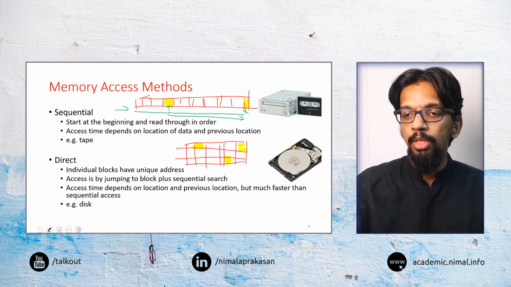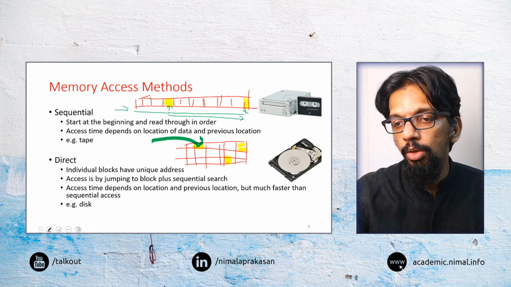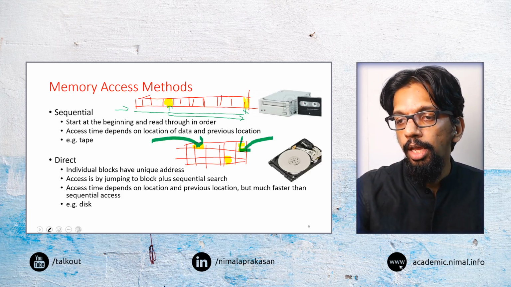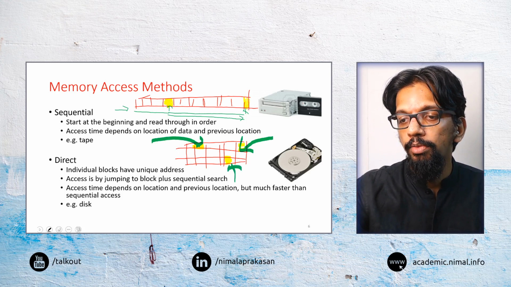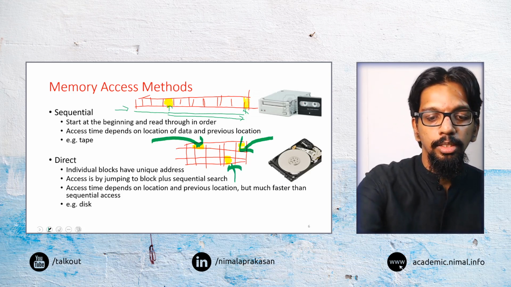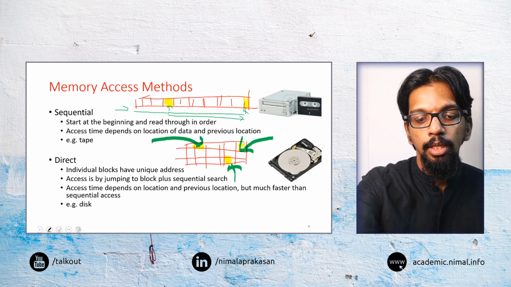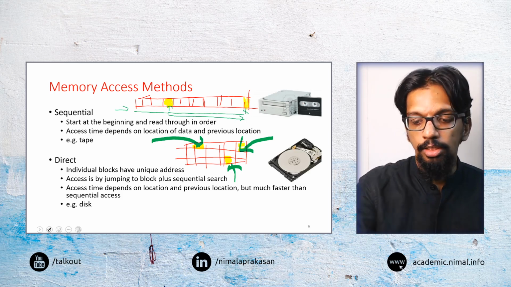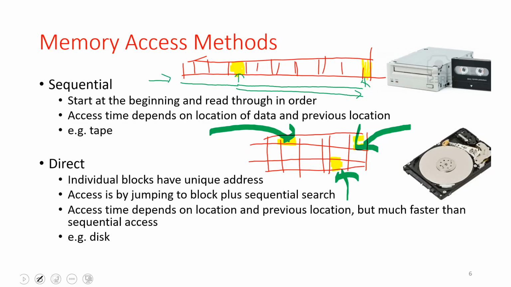What we can do is read this one, come read this one, and then go read that one. So that is the main idea behind direct access. In direct access, we will be able to read any point of the data without considering where it is located. And a good example is hard disks, which are a direct access memory medium.